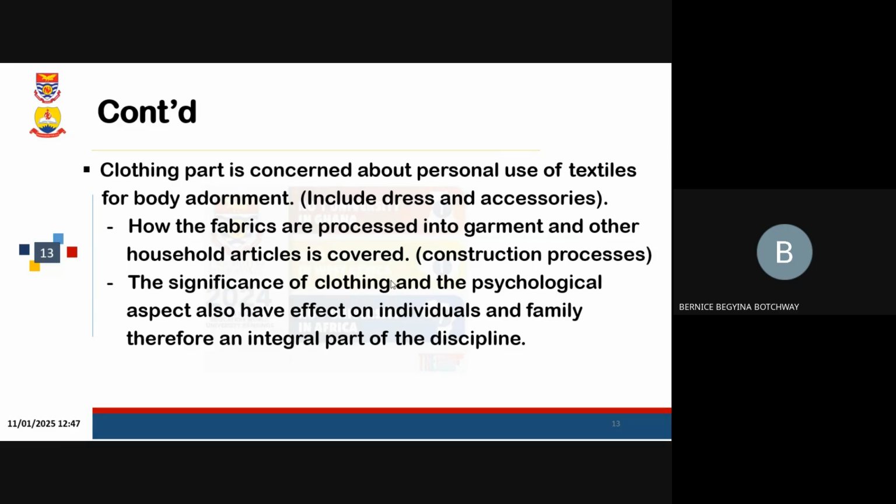We learn how to construct these kinds of designs. And then the significance of clothing and the psychological aspect it also has on individuals and also on families.